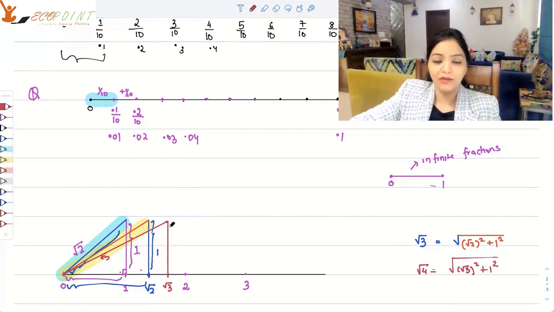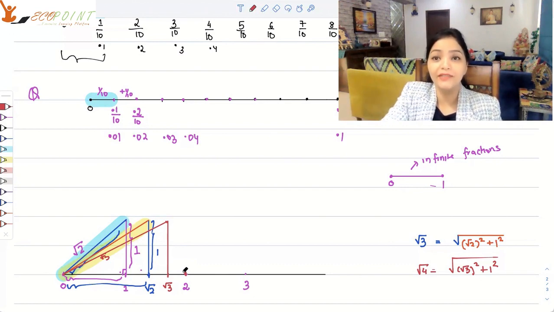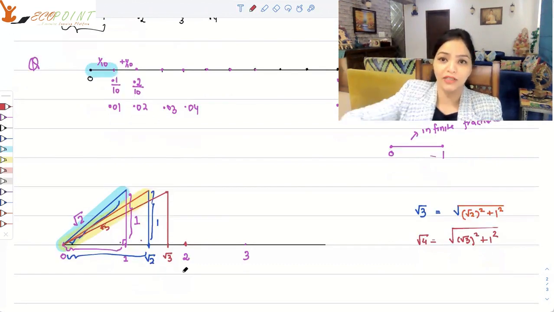So when you mark from here, you will see that this length is nothing but 2. That's how you keep on working, and you can display irrationals. √2, √3, √5, they are all irrational numbers, and even they can be displayed on the number line.